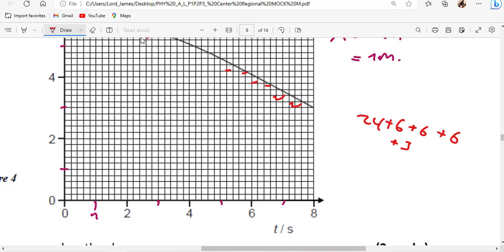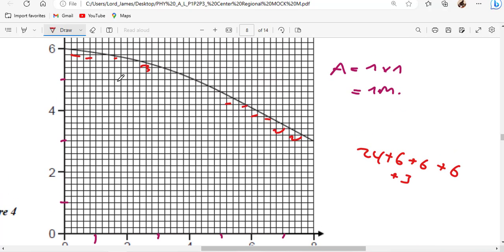Okay, we assume that the rest are correct, but that's just the methodology. So how many incompletes do we have here? We have about 12 incomplete squares.